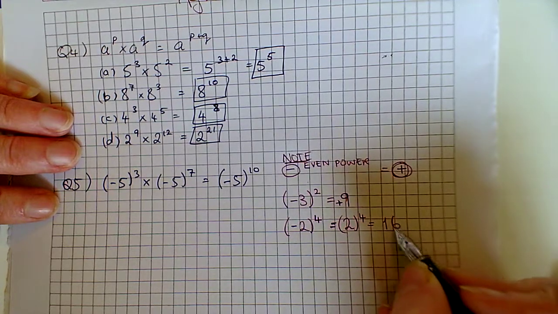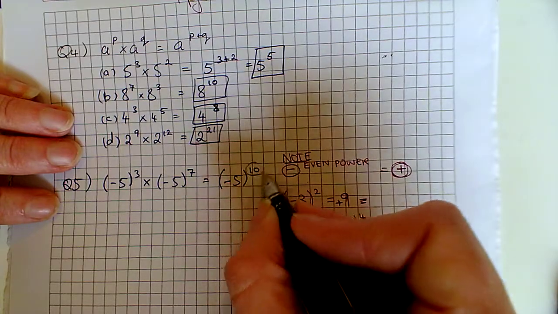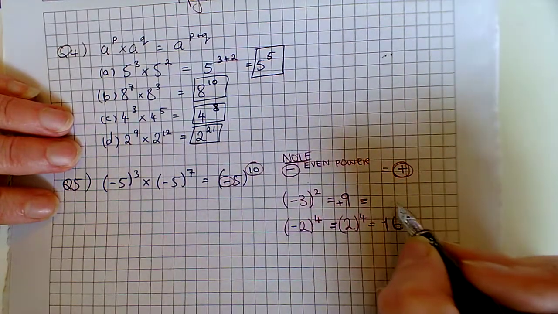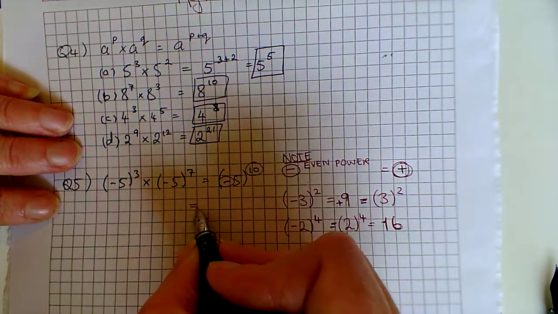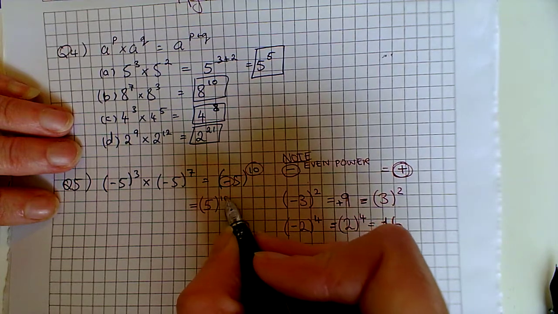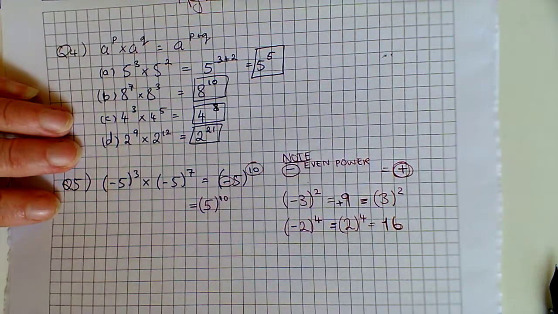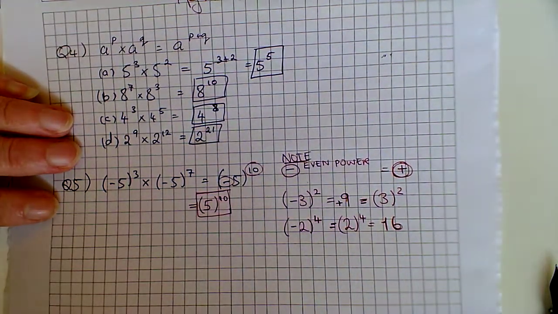It's going to be a plus 16 in my answer. So if you have an even power and a minus sign, you can cancel them out. So my final answer here would be the same as a plus 5 to the power of 10. So this answer is also correct.